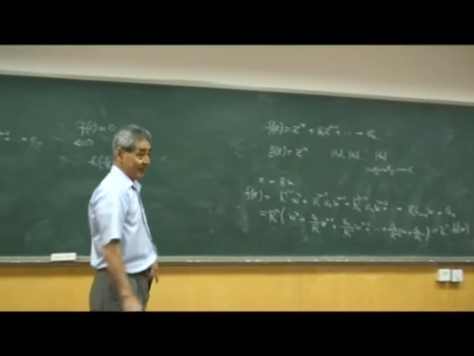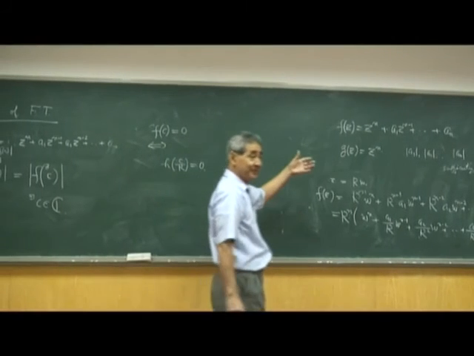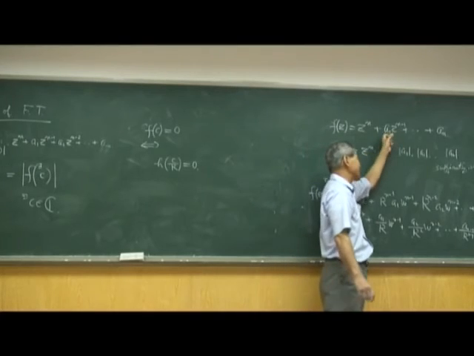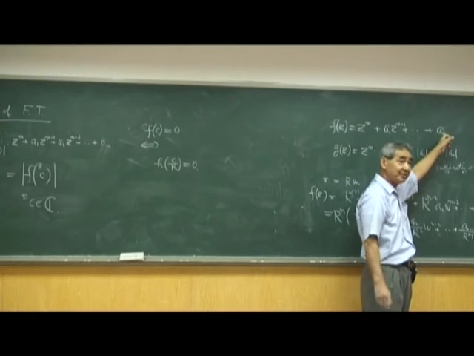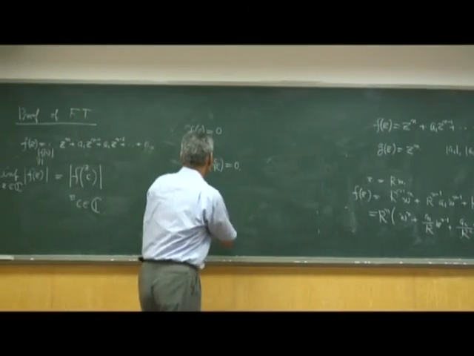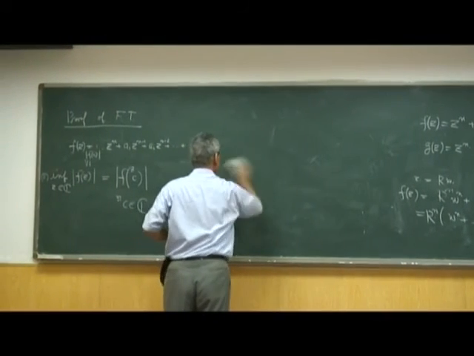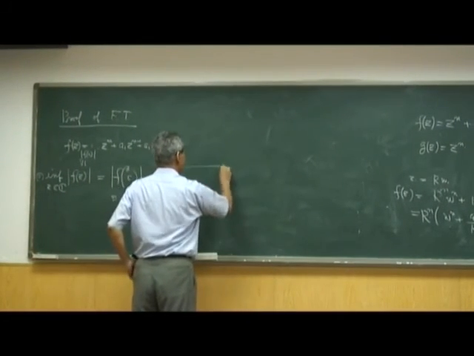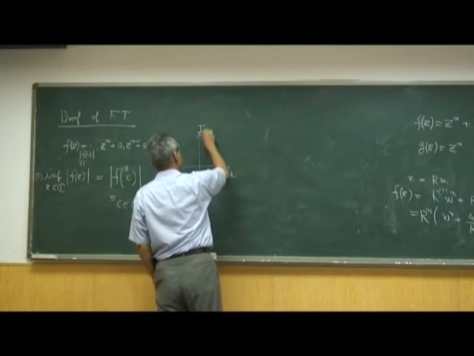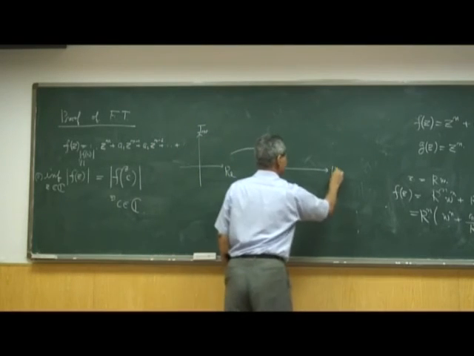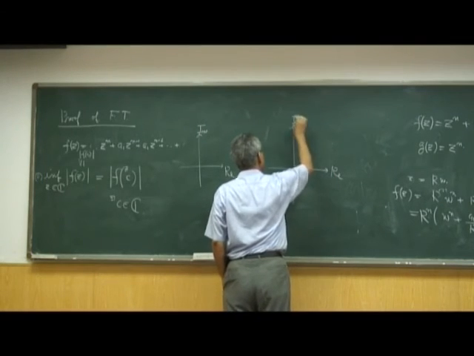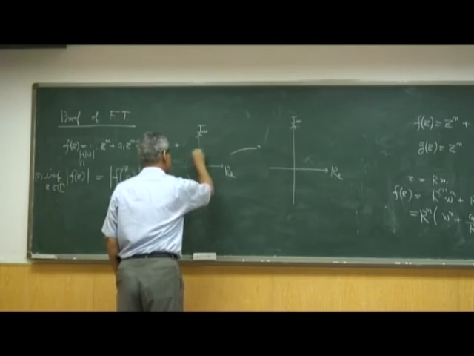So in that way, you can always reduce the problem of the fundamental theorem of algebra in such a way that the absolute value of these coefficients is small enough. And then what happens?